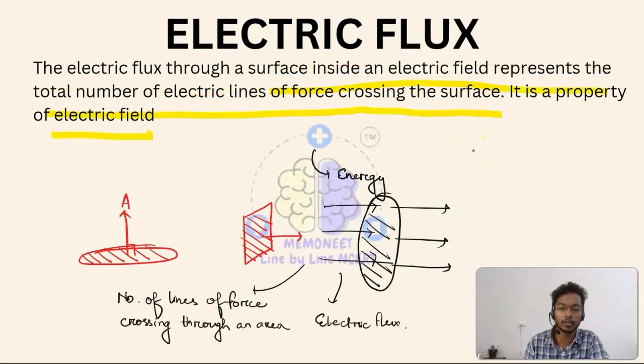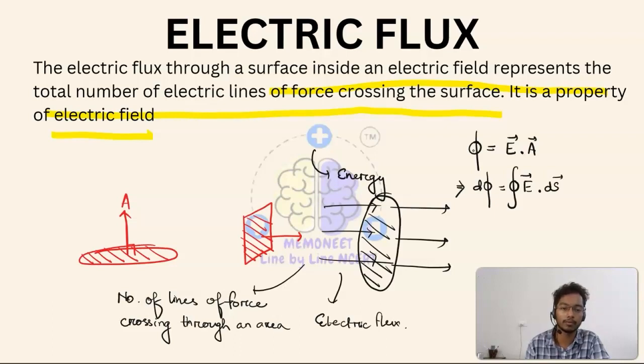The electric flux, that is phi, is equal to electric field into area vector: phi equals E vector dot A vector. Or for a small element, d phi is equal to E vector dot dS vector, integrated over the closed surface, and it is only defined for the closed surface.